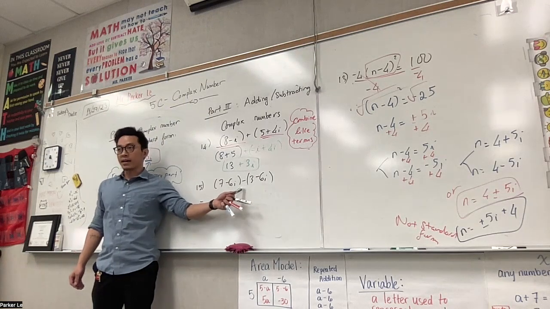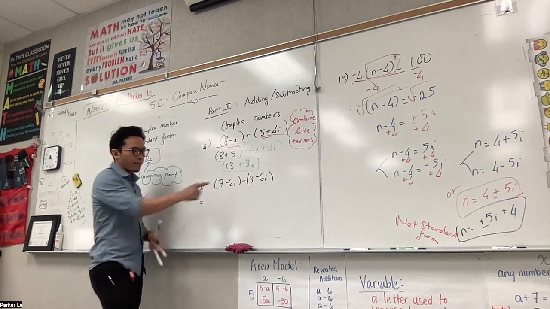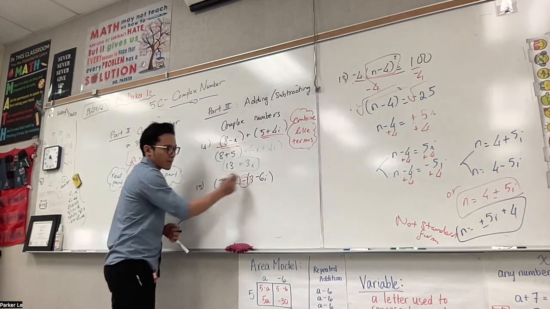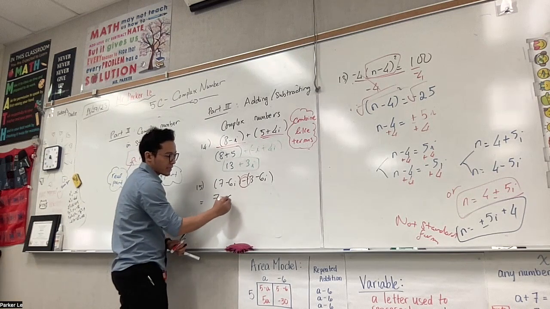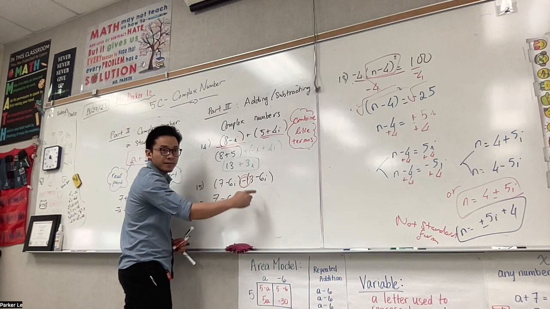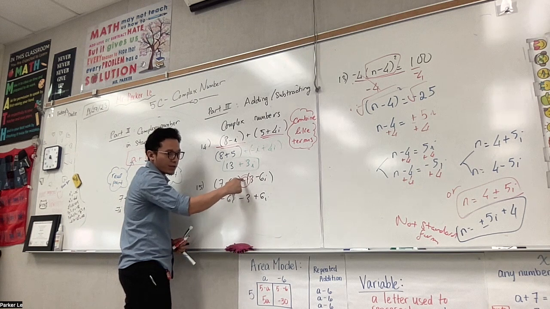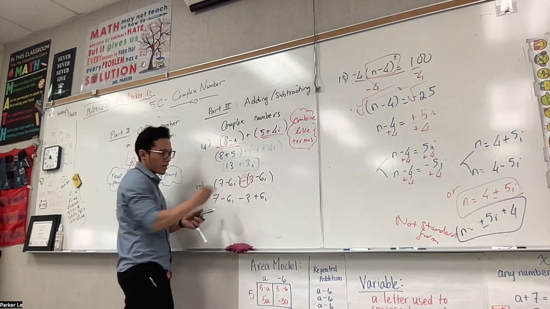You need to take care of the negative. This is positive, there's nothing to change. But this is the negative, you need to take care of this. So it's going to be 7 minus 6i and minus 3 plus 6i. You distribute the negative.